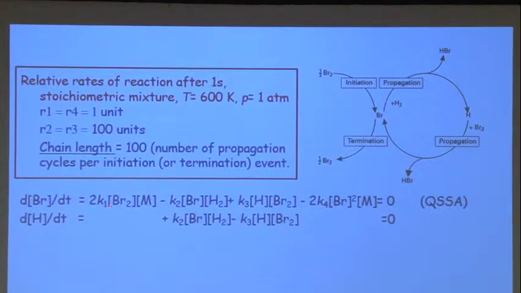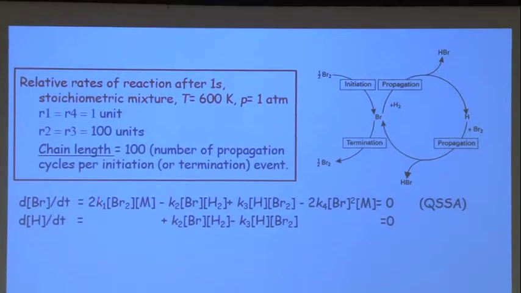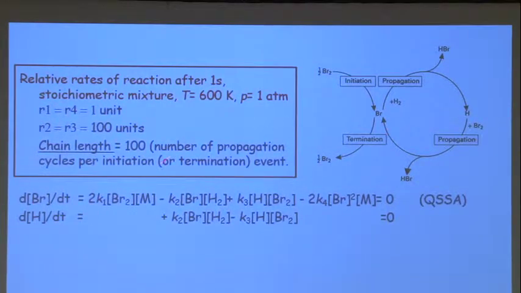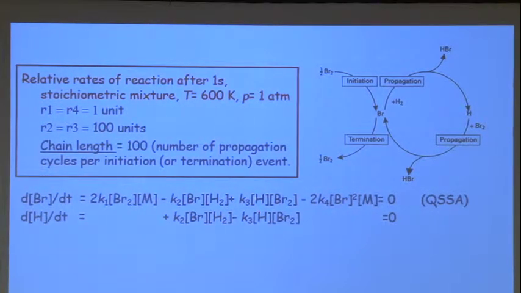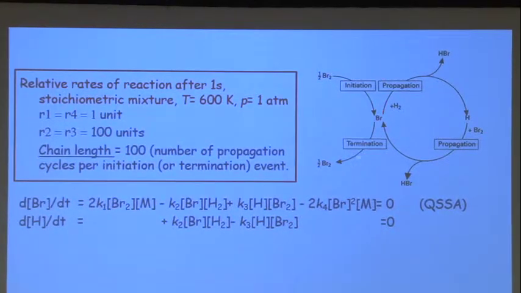So let's write down the rate of forming and removing bromine. It's formed in the initiation step, k1 times [Br2], and there's a 2 in there because we formed 2 bromine atoms. And it depends upon the third body M. It's removed by reaction with hydrogen, produced by a reaction of hydrogen and bromine, and then it's also removed by the termination step.